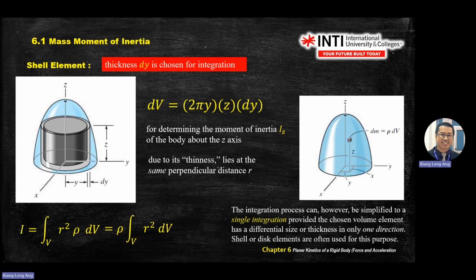So this is shell. So 2 pi r is this circumference, and then you multiply by dy, you get the area of the circumference. Then you multiply by z, you get volume. Okay, can you understand? 2 pi y dy is this area. This area multiplied by height, you get volume.